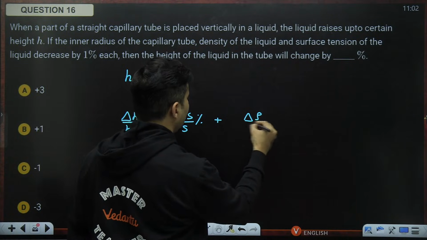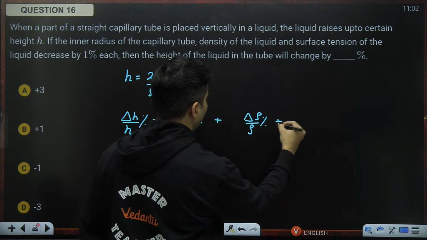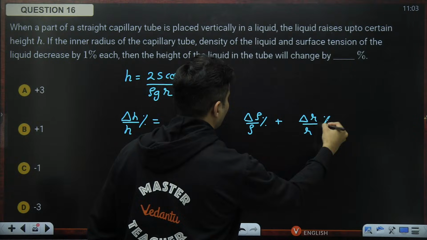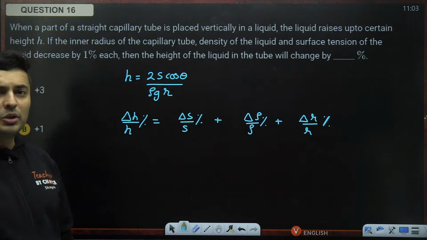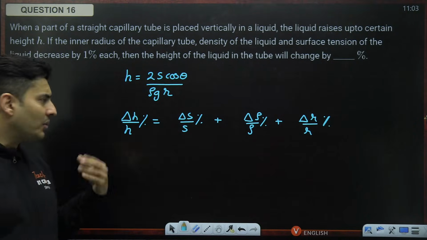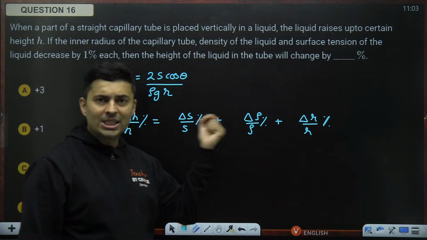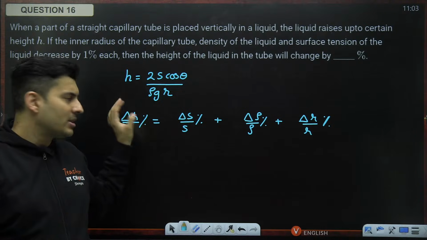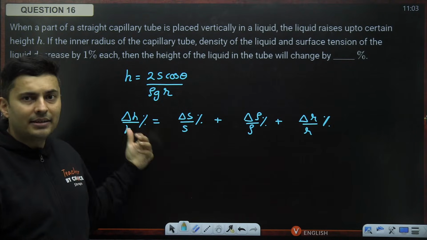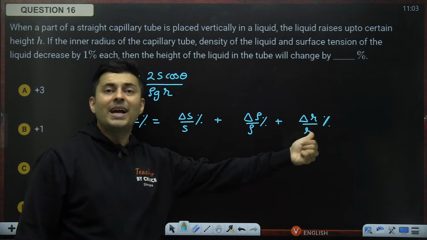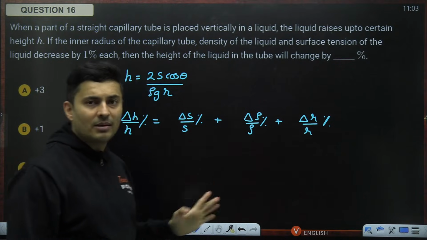So delta rho by rho percentage plus delta r by r percentage. Now this is the normal formula which you use in errors. In errors, you try to figure out if S, rho, or r will change, what is the maximum possible error percentage that you can get in height. So there, every term will always be added. Never will you see any term being subtracted.